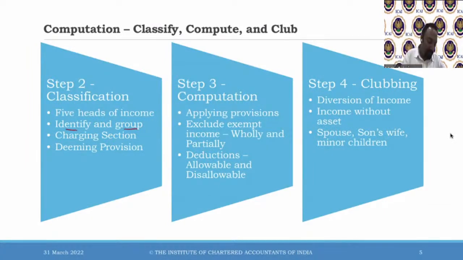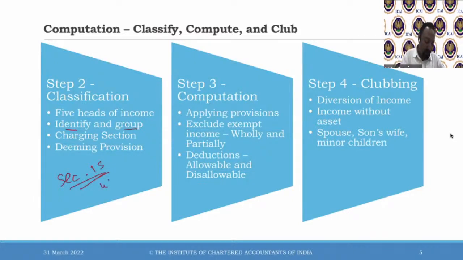Then know the charging section. That is, every head will have something called a charging section, which is basically the section which tells you that such income is taxable. For example, section 15 of salary tells you that a particular income is chargeable to tax under the head salary.